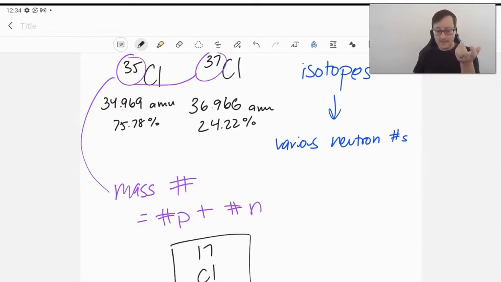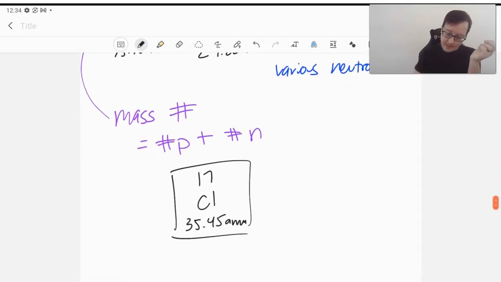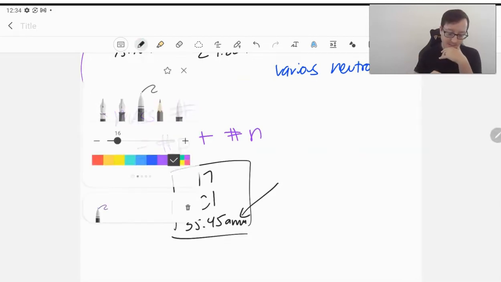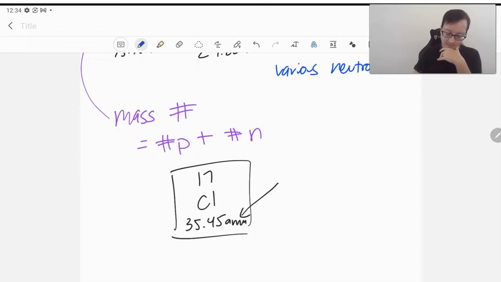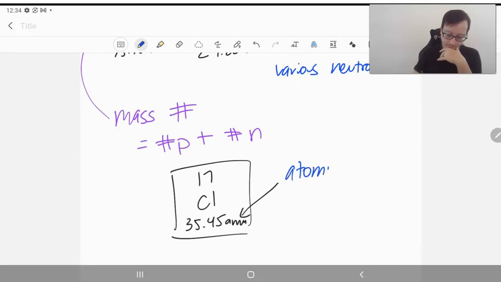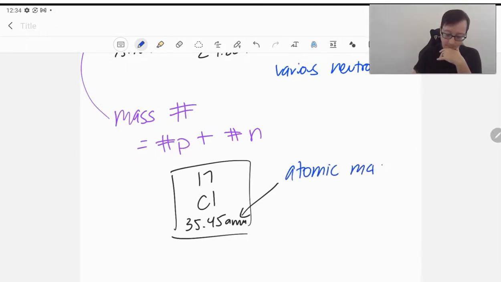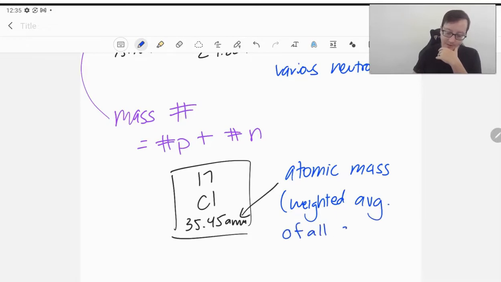It turns out that this number down here is not the mass number, of course, because mass number is always an integer. There's no decimals with a mass number. This is what's called the atomic mass, which is a weighted average of all isotopes. Stable isotopes, we should say.